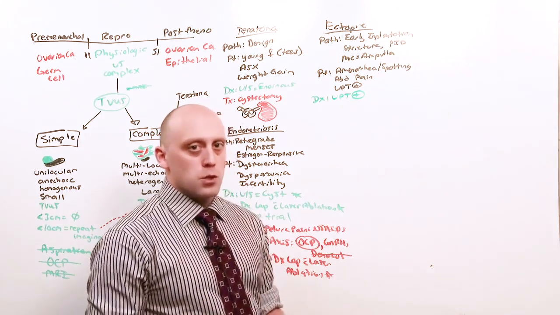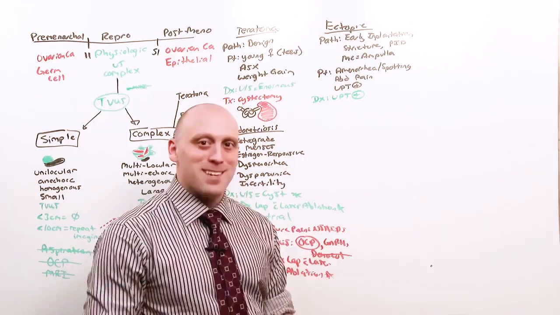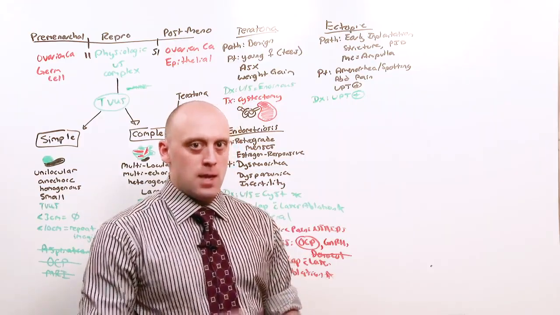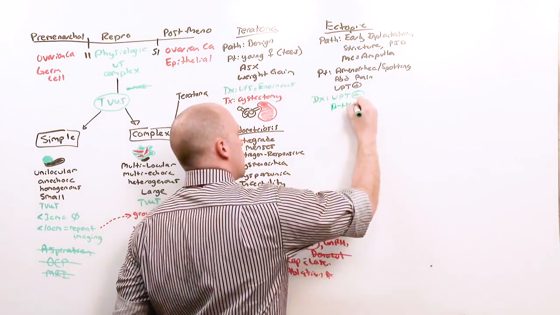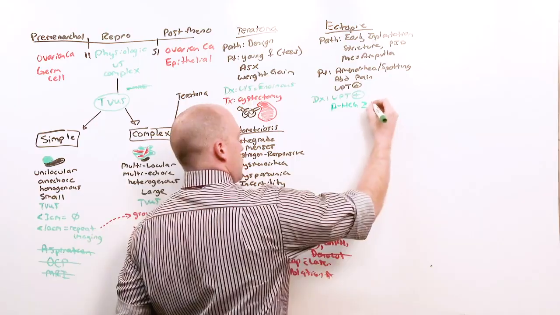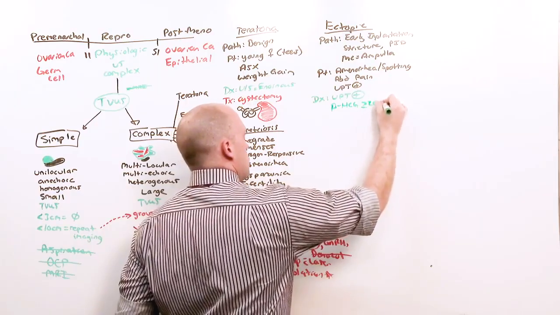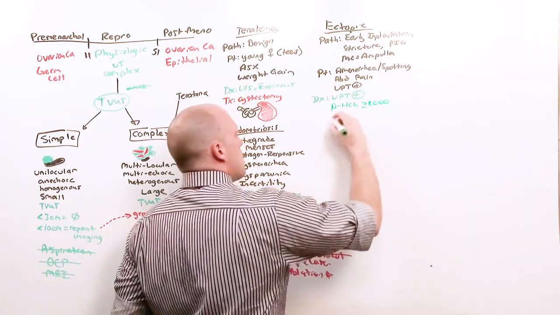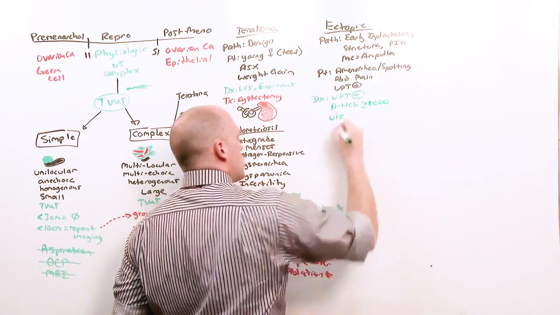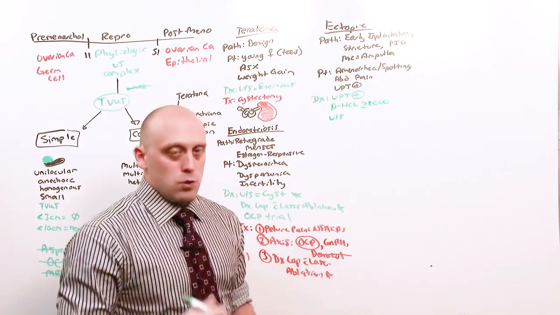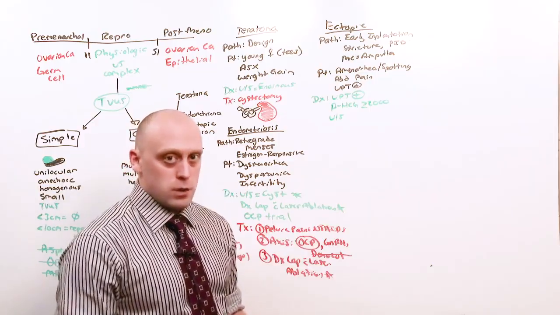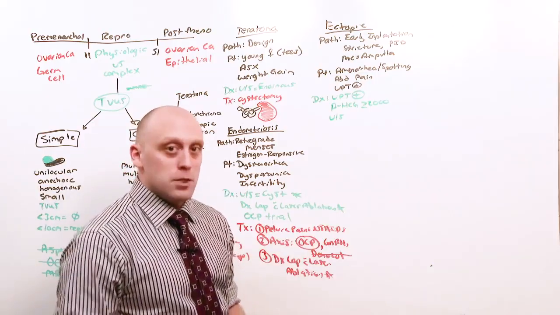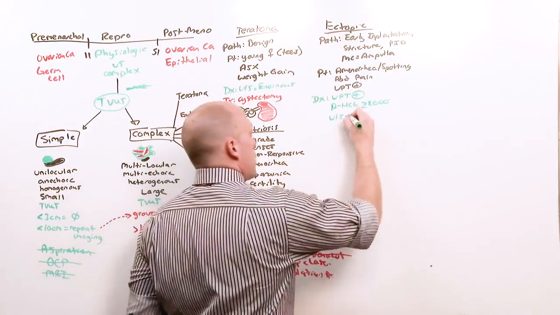Then you need to make sure that there's actually an ectopic and not an intrauterine pregnancy. If the beta quant, the beta HCG, is greater than the discriminatory zone, which I'm going to use 2000 here, and we'll explain in a minute, then an ultrasound should show you an intrauterine pregnancy. If you have a beta HCG greater than the discriminatory zone and an empty uterus, you have an ectopic.